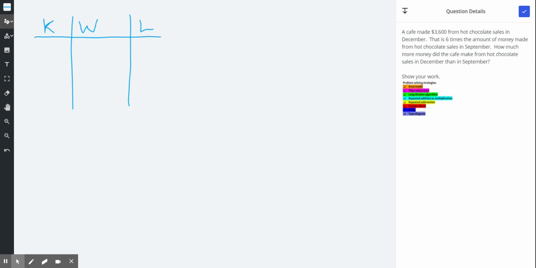We know that K stands for know, W stands for want to know, or it could also stand for wonder, and then L stands for learn. So that's where the KWL comes from.